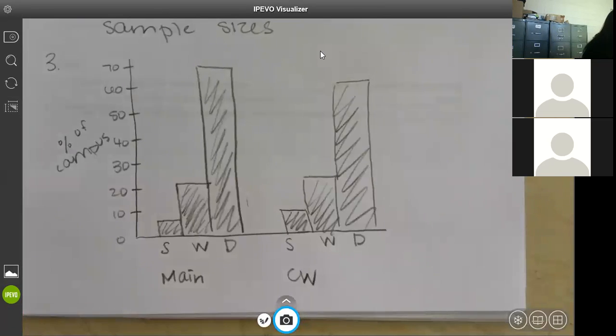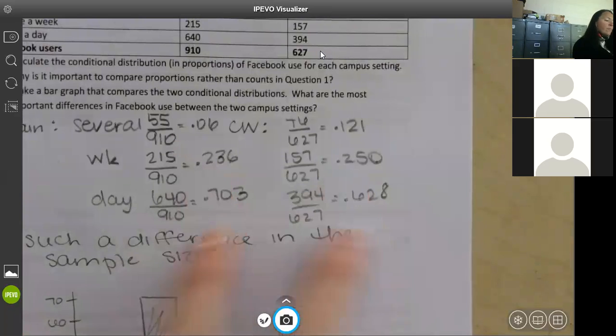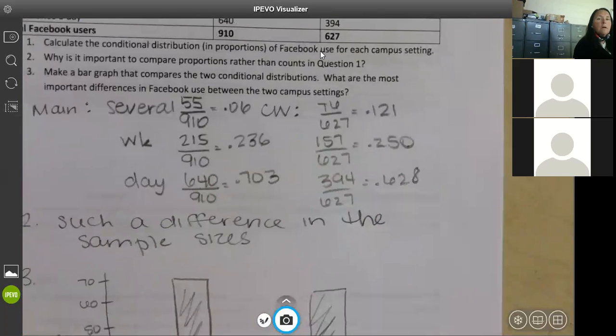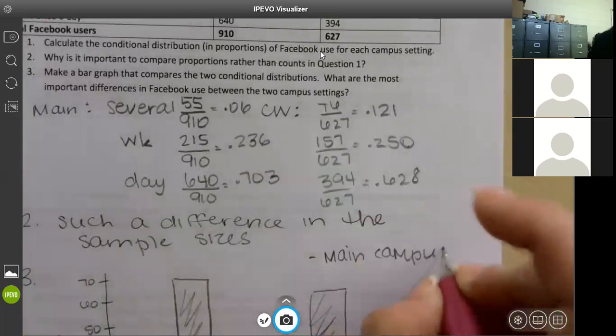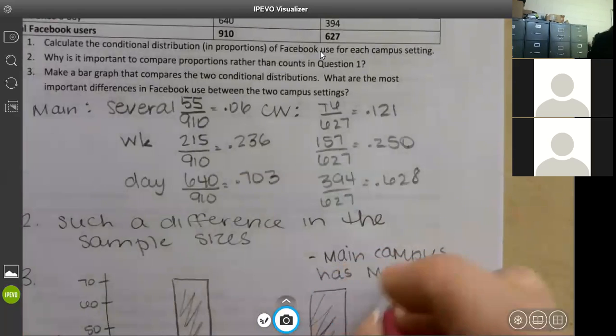So the second part of that said, what are the most important differences in Facebook use between the 2 campus settings? Well, there's a difference. Look at these. Compare these side by side. Just tell me about them. Main campus has more daily use.